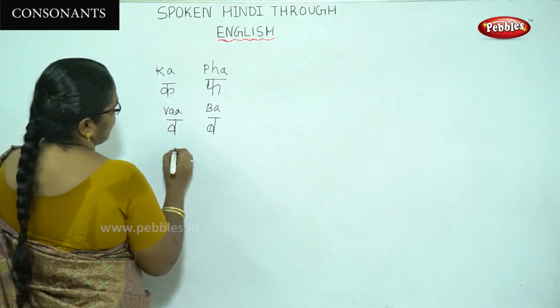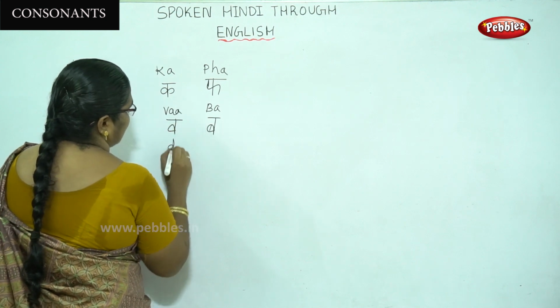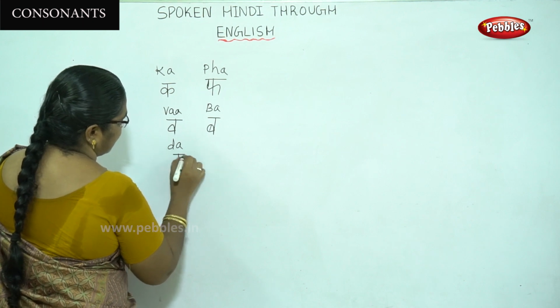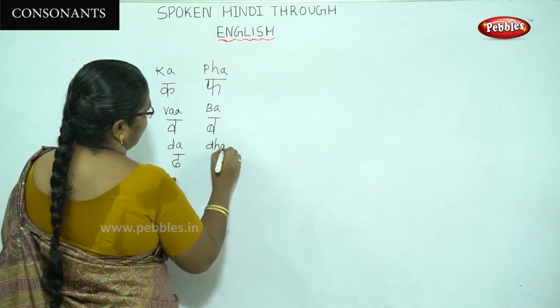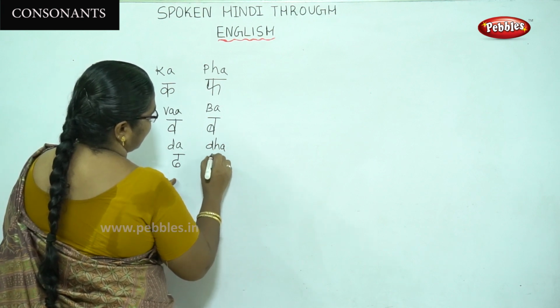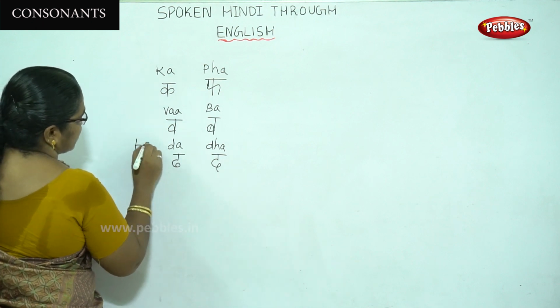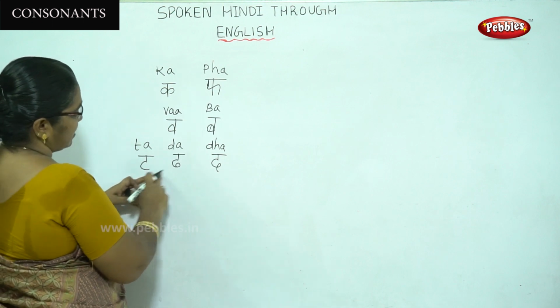The next one is da. See, for that, da. Okay, here da. Simple. Same. See here. And the T also, ta. Okay, this is ta, da.